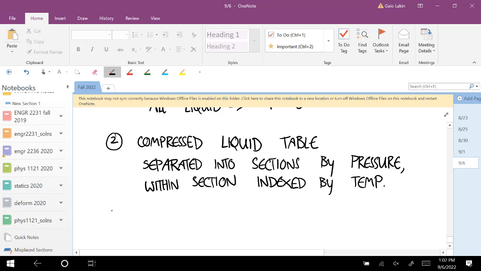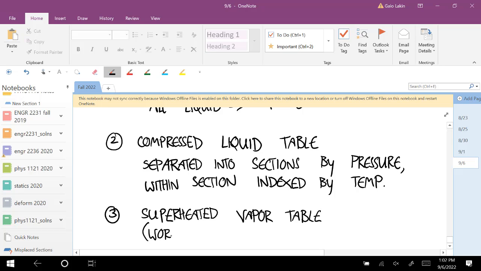And then the third type of table is a superheated vapor table, and that works just the same as the compressed liquid table. That means you find the section that has the pressure you want, and then you look through the temperatures.